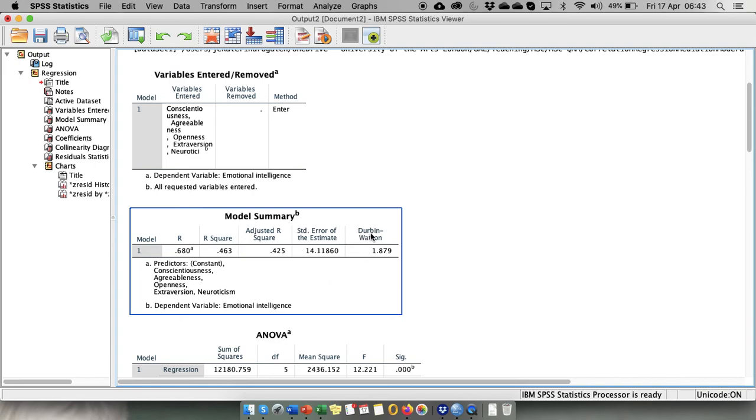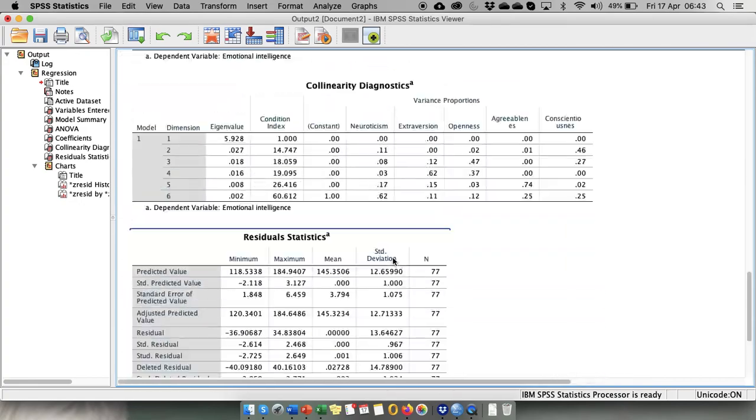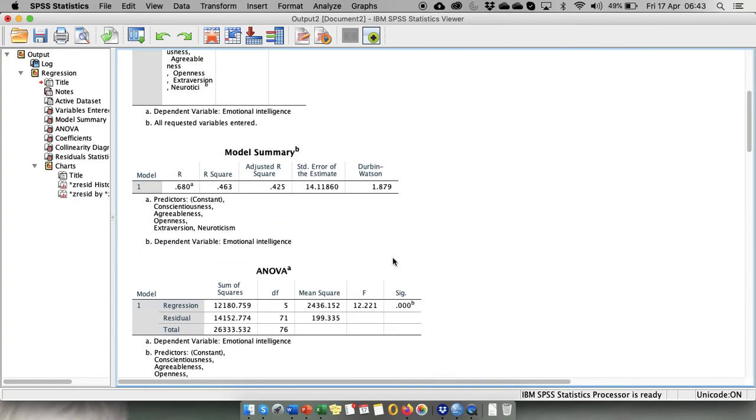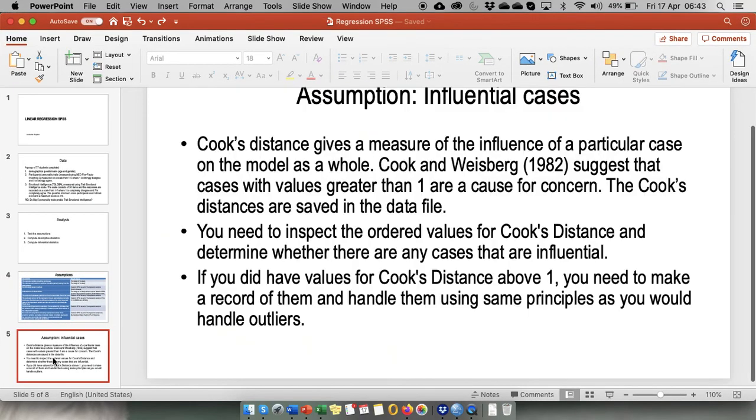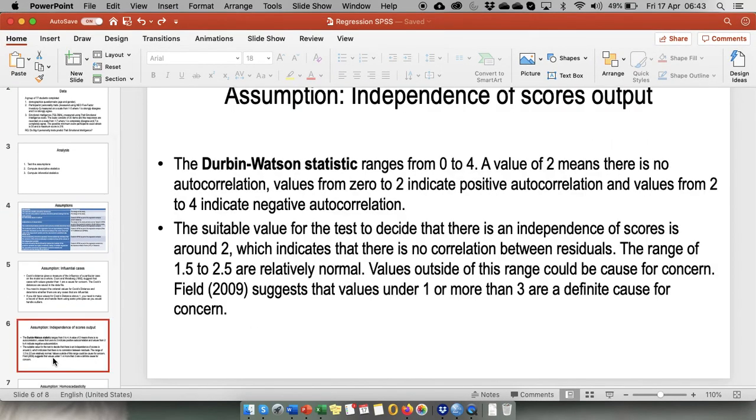So firstly, the Durbin Watson test, testing our assumption. We have a value of 1.879. If we look at our assumptions for Durbin Watson tests, the statistic for that test ranges from 0 to 4, and the value of 2 means there is no autocorrelation, so the scores are independent.